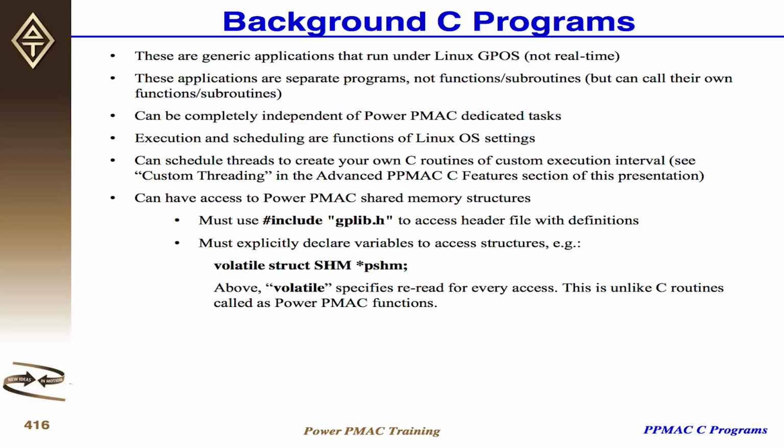So basically it's just the same idea as if you wrote a program from the Linux terminal using VI or whatever the text editors are in Linux. I forget, VI and Nano or something. And then wrote GCC and typed your program name. But if you do want to get at PMAC memory, you can just include gplib.h.